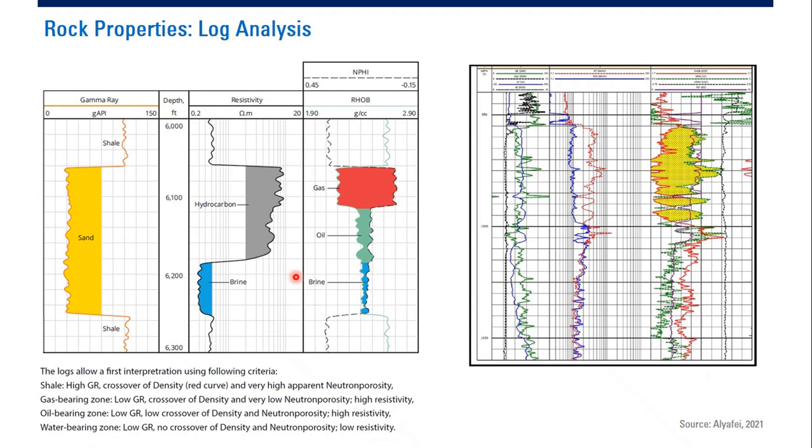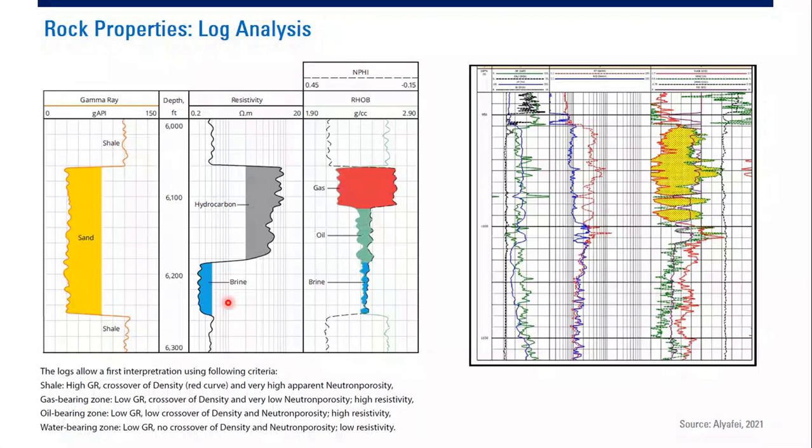Formation evaluation or log interpretation lets us distinguish, for example, with gamma ray, the porous zone. Gamma ray can give us information about where the permeable or porous zone is, so with gamma ray we can know the reservoir. Then with resistivity, we can know zones with high and low resistivity.